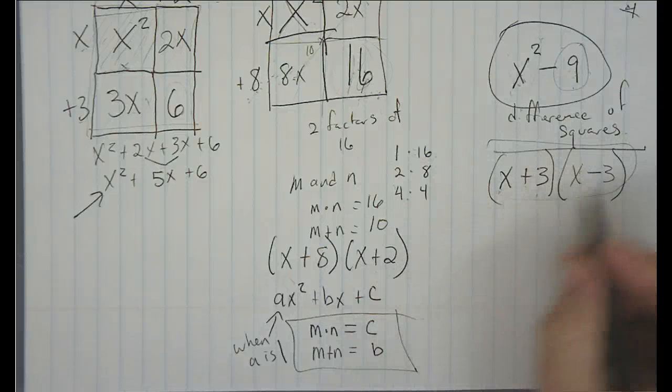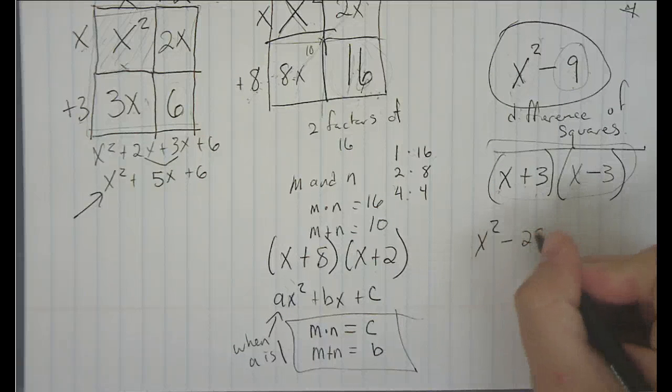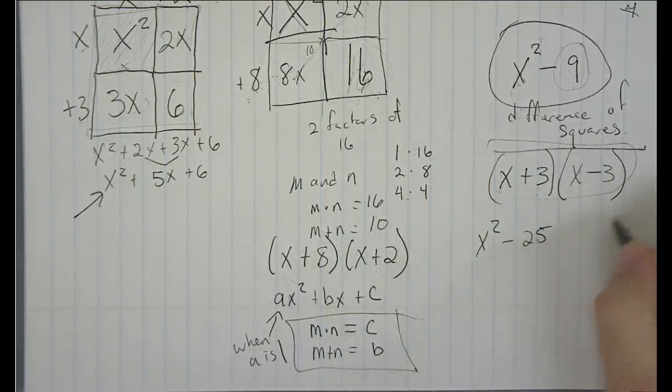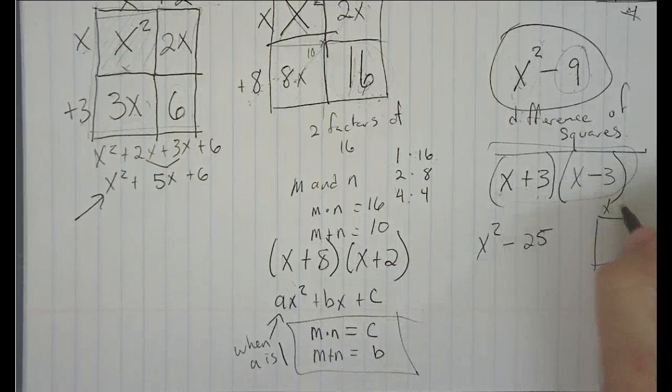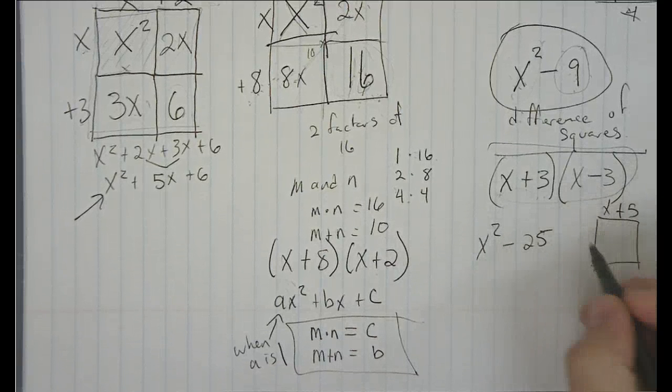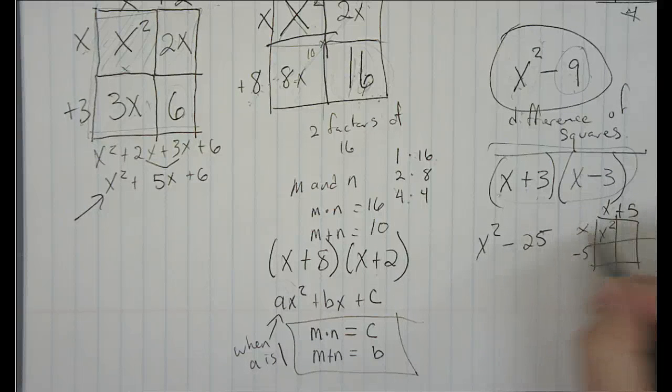Let me give you an example. If I had x squared minus 25, I would know that's the same thing as, watch this, x plus 5, x minus 5. And here's how it works. X times x would give me x squared. 5 times x would give me 5x.